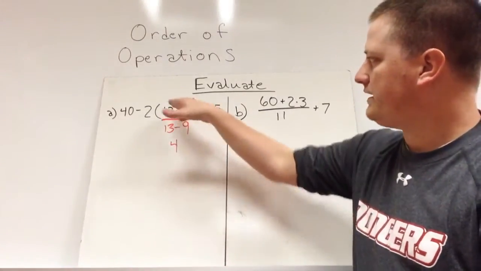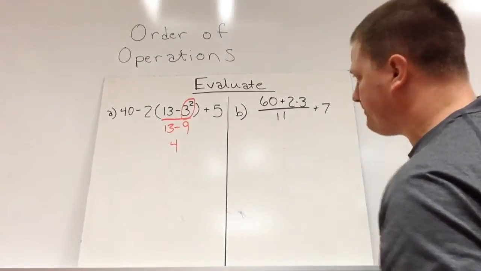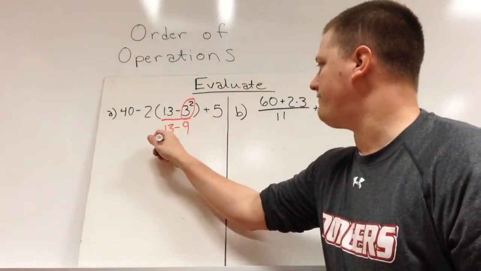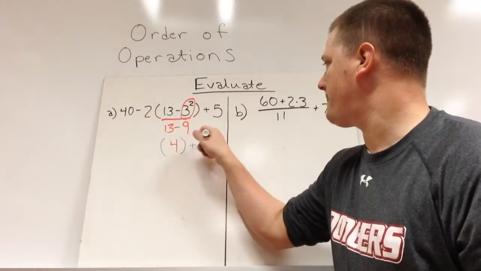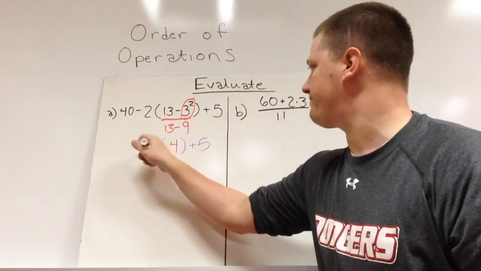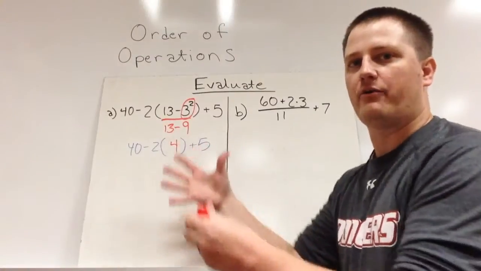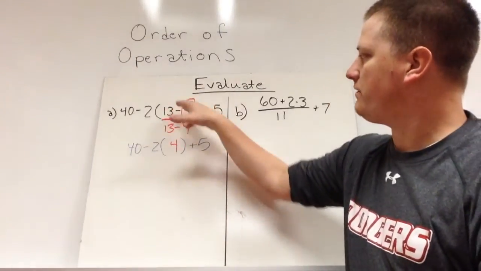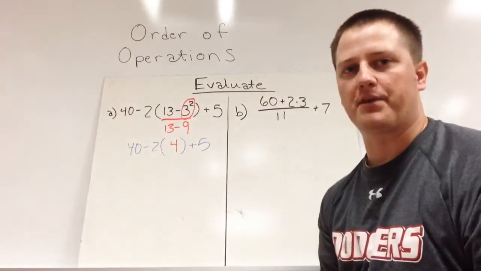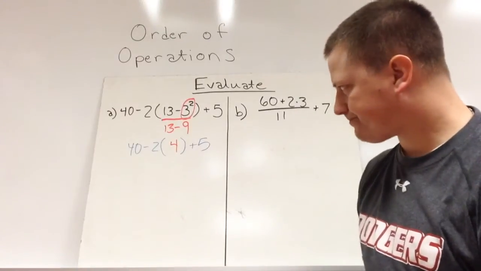So this 4 really takes the place of that parentheses, and we now have this set up. Basically bring everything down in the same position, and we just take what's in the parentheses and put in the number that we have come up with.